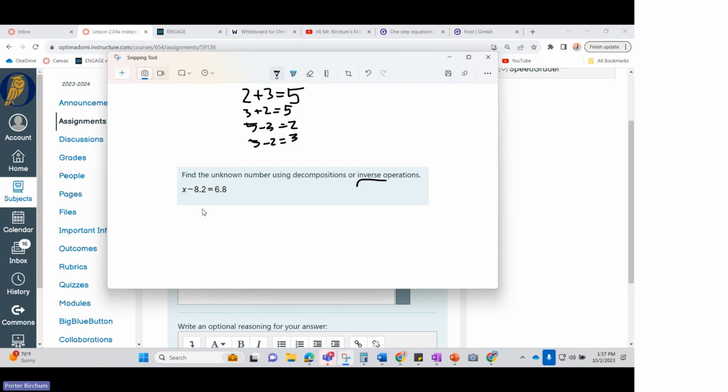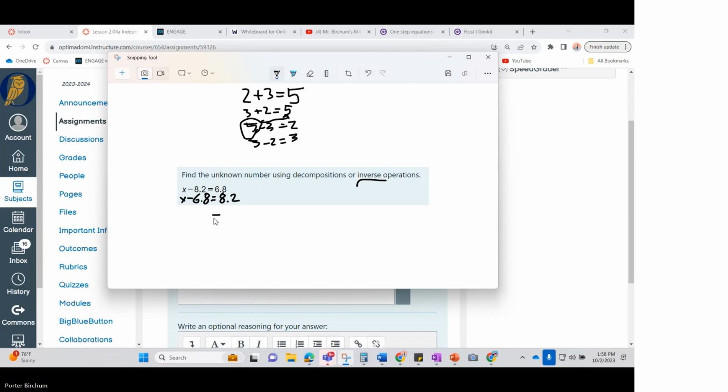Okay, so it looks like when it's subtraction, the first number becomes the last number when I switch it to addition. Oh wait, let me write it the other subtraction way first. x minus 6.8 equals 8.2. And now let me write it the addition way.